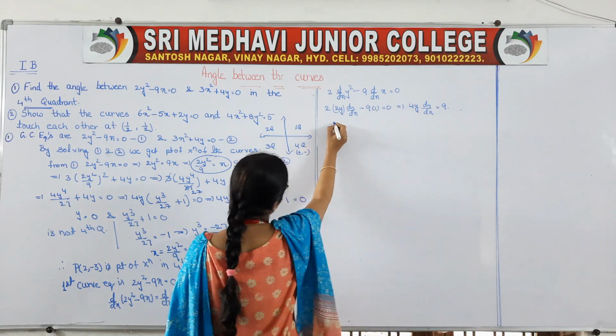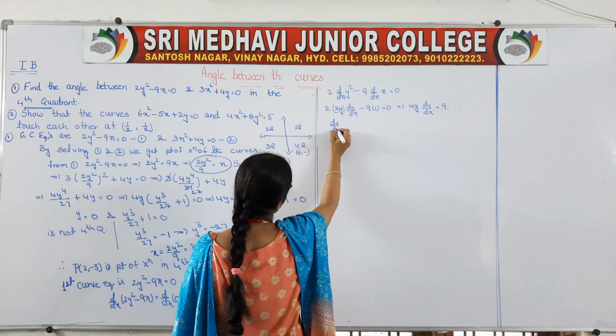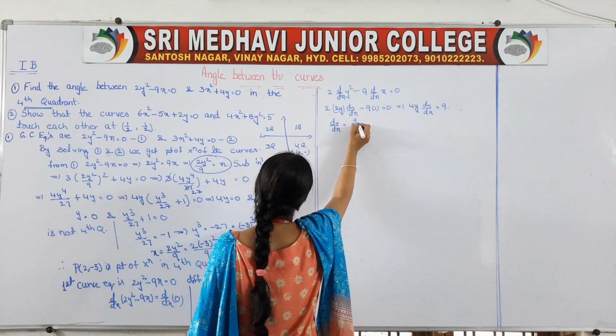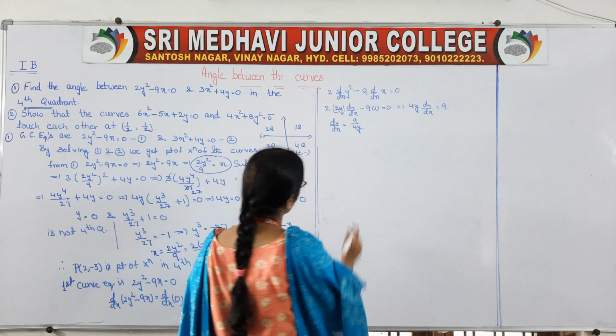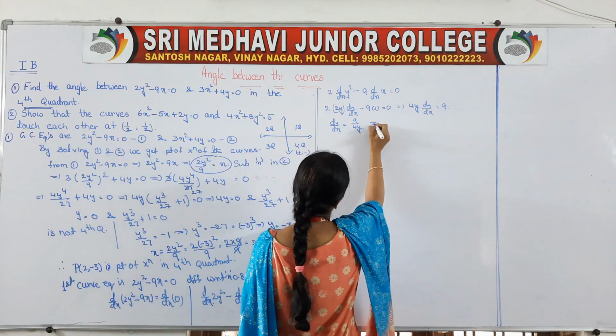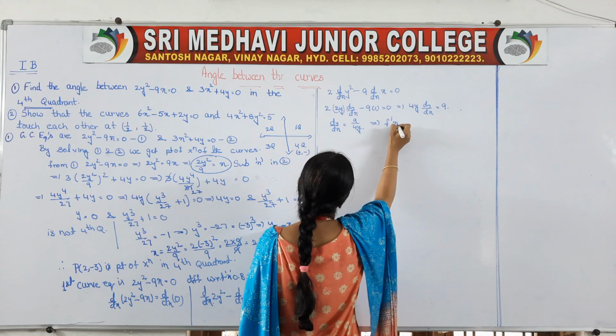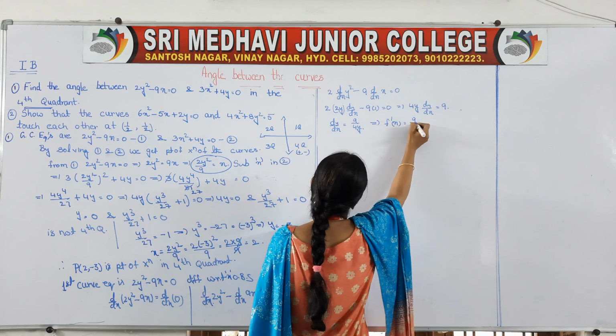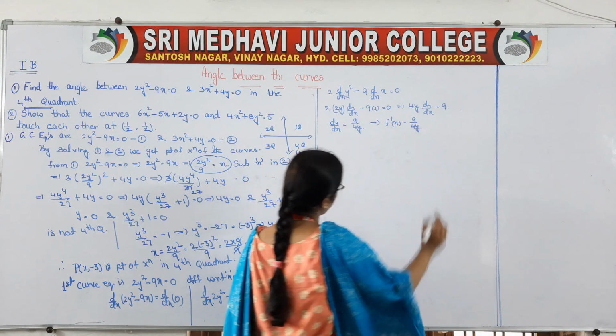So what will be your dy by dx? dy by dx is equal to 9 by 4y. So this is your f dash x. f dash x is equal to 9 by 4y.